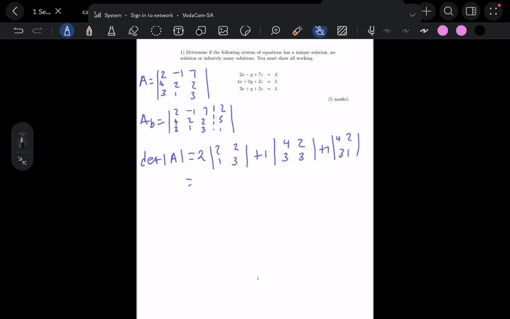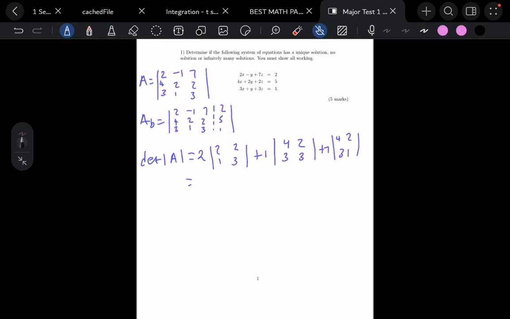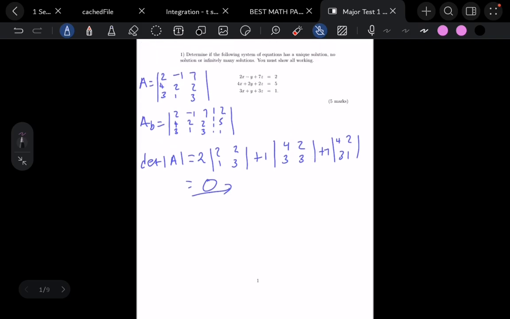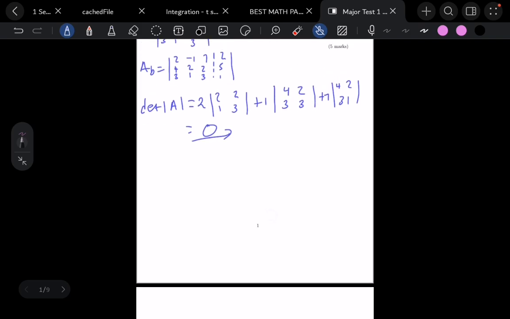I'm just using my calculator to find the determinant. You can also do that, you are allowed to do that. The determinant will be what? Will be 0.